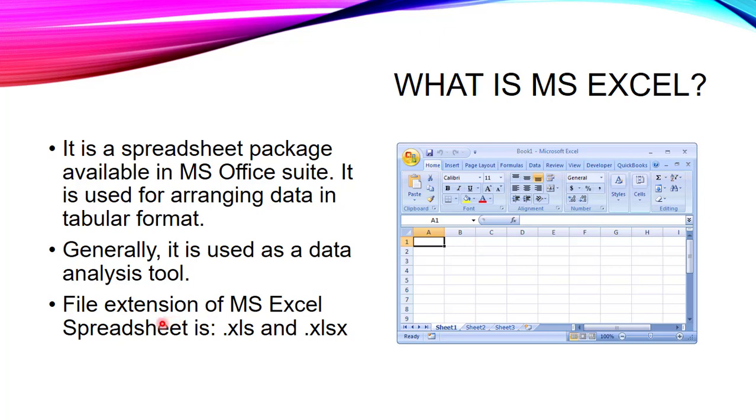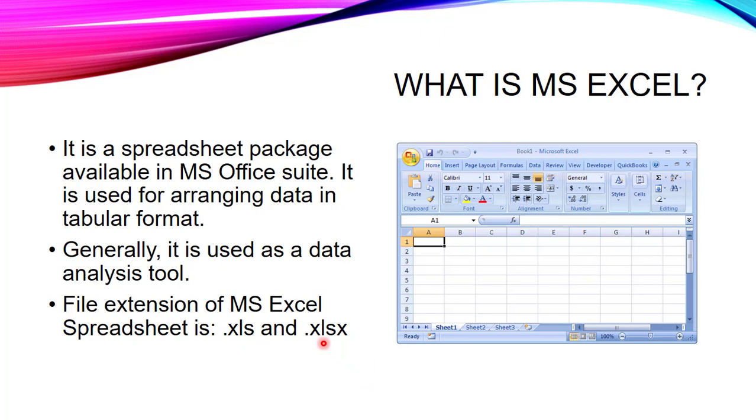File extension of MS Excel is .xls and .xlsx. Well, in general, whenever you save this MS Excel file, your files will be saved with this .xls or .xlsx extension. Well, for all the new versions of MS Office, the extension will be .xlsx.